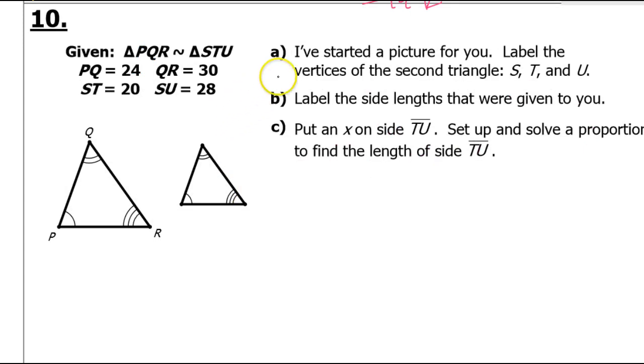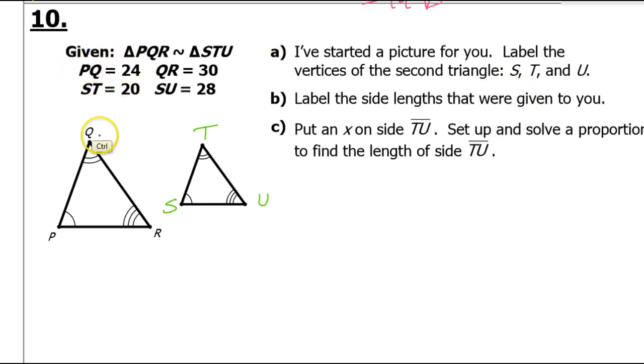For problem number 10, I've started a picture for you. Now keep in mind that triangle PQR is similar to triangle STU. So here's PQR, so this must be STU. I'm making sure that the corresponding angles are congruent as marked. Okay, label the side lengths that were given to you.